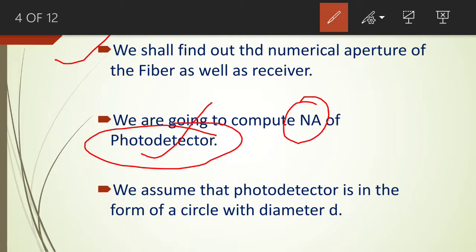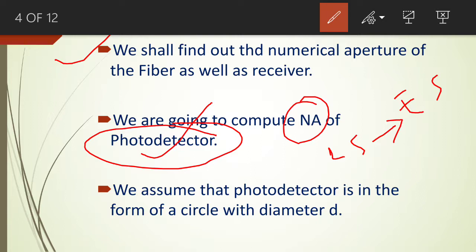So this is a very important device in the receiver of a fiber optic communication system. It receives the light from the fiber and then it converts this light signal into electrical signal, into electrical current.